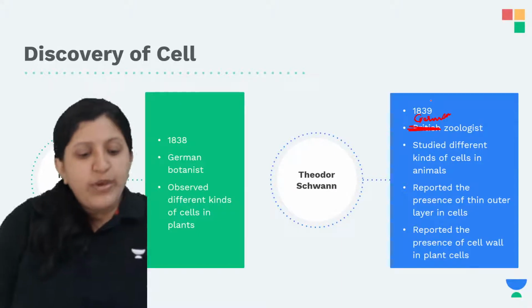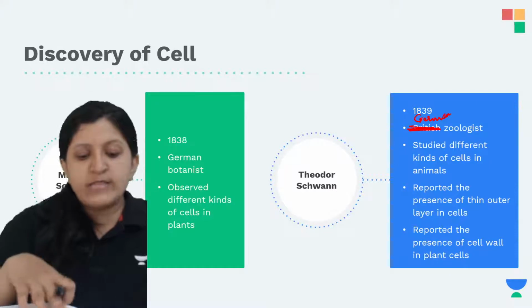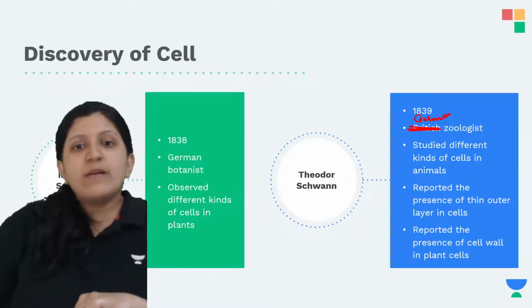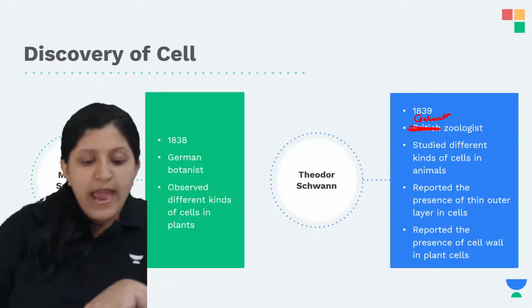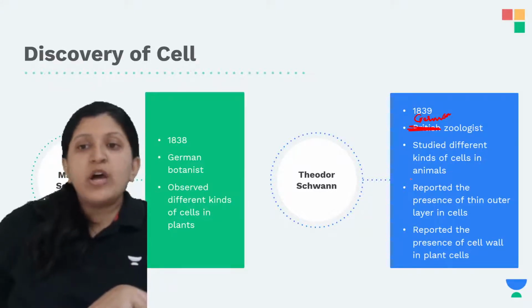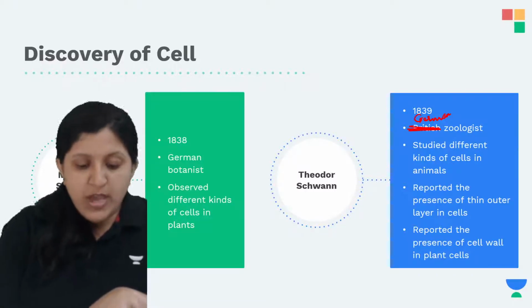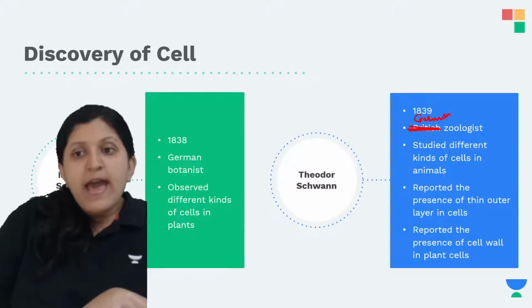Matthias Schleiden, a German botanist, announced that every plant is made up of a large number of cells. He observed different kinds of cells in plants. Theodor Schwann, a German zoologist, made similar discoveries in animals and studied different kinds of cells in animals.